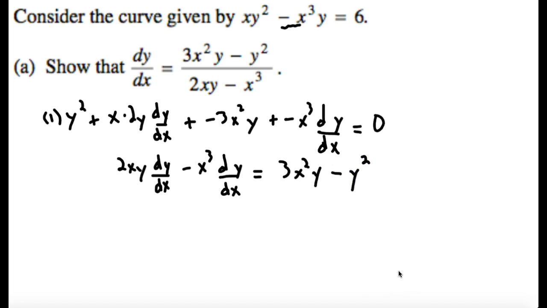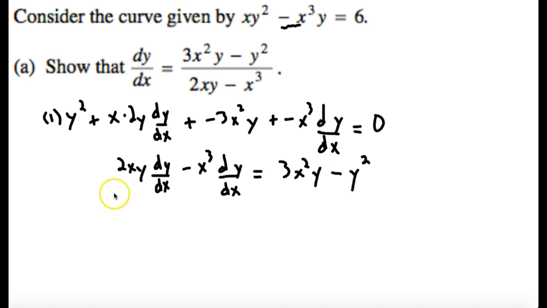I wrote it like that because that's how it appears here. I want to make what I'm doing look exactly like what they're showing me. Even though negative y squared plus 3x squared y would technically be the same thing, I want to make it look identical to what they have.